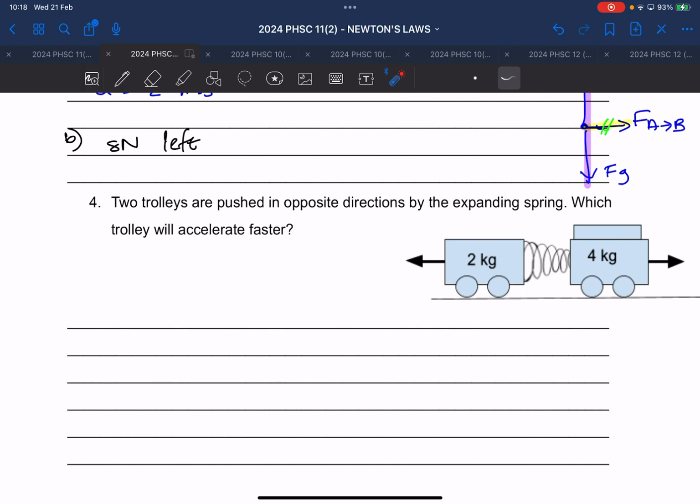Meaning, the lighter the object, the faster it will accelerate. It's not going to be 100% accurate because of friction.